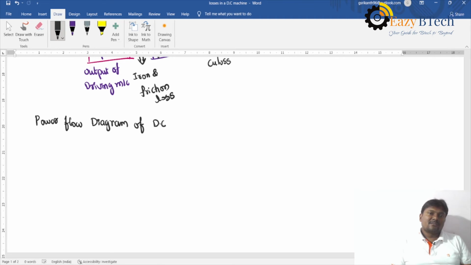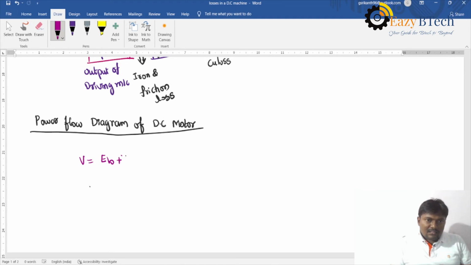Suppose you want to draw the power flow diagram of a DC motor. The DC motor voltage equation is V equal to Eb plus Ia into Ra.